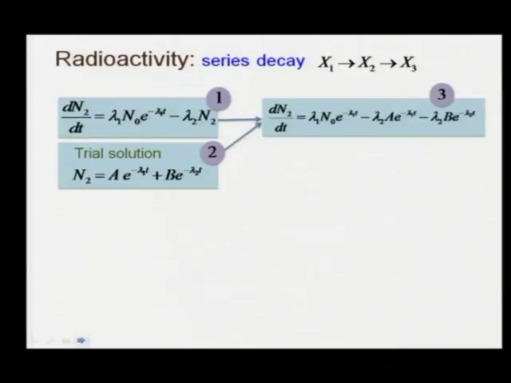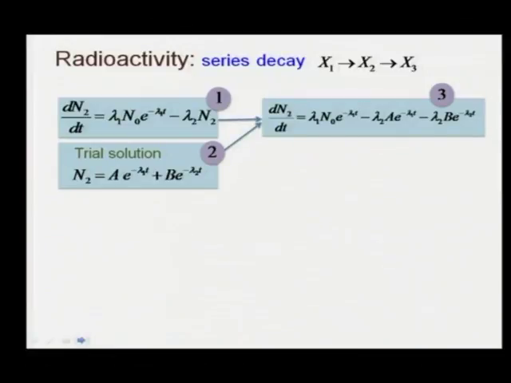So, take our trial solution equation 2, put this back in equation 1, the second term, that will give you dn2 by dt, the first equation, dn2 by dt is equal to first term intact lambda 1 n0 exponential minus lambda 1 t.